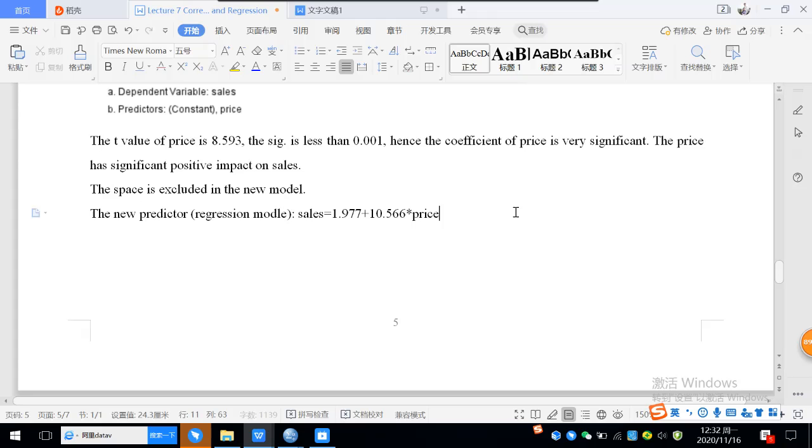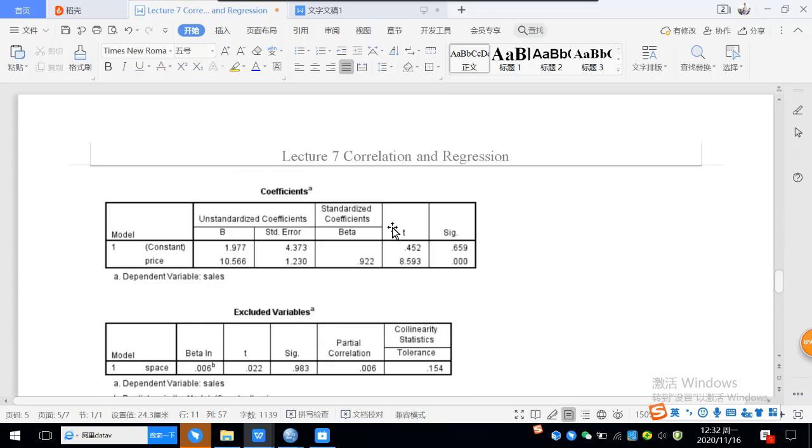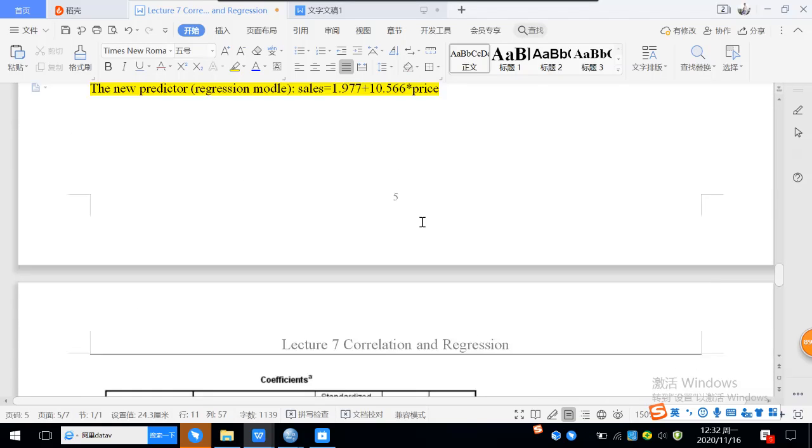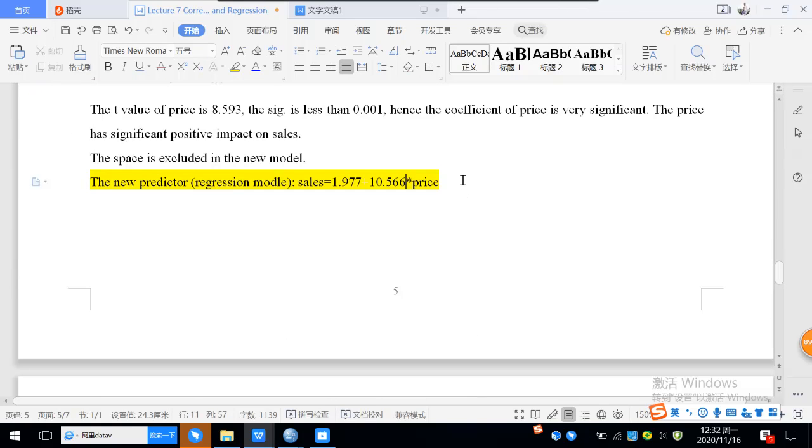So this is the new regression model. In the new regression model, we just have one variable, price, and this is the significant price variable. Since in this model all the coefficients of the variables are significant, this is the best model.